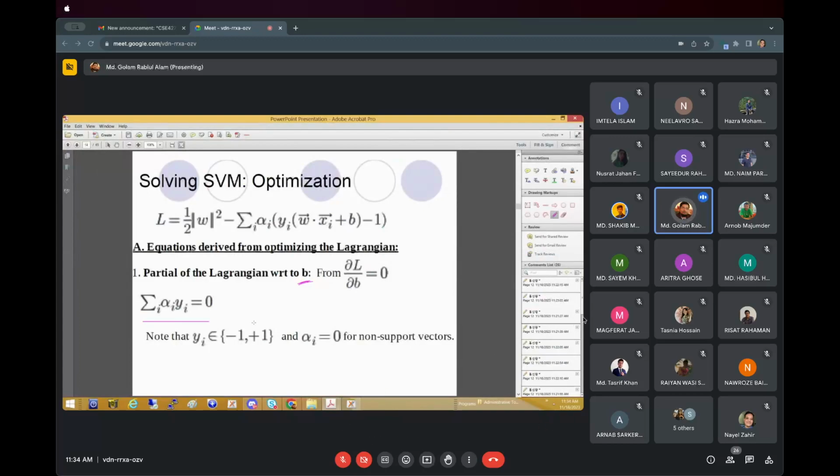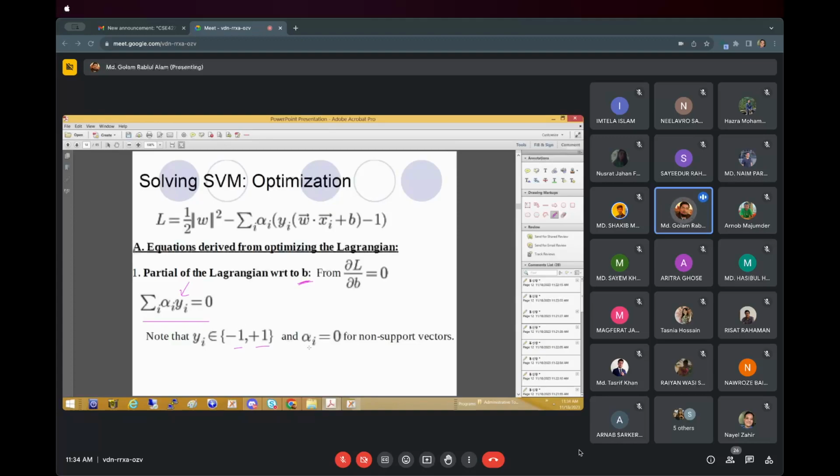So that means if we take the partial derivative of this equation, then we will get just this, it is equal to 0. So we know that in any data set, yi is what? This yi is the original class label. For a binary classification problem, it will be -1 and +1. Okay, there is no and yes.